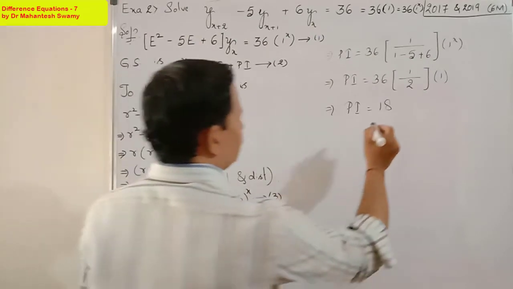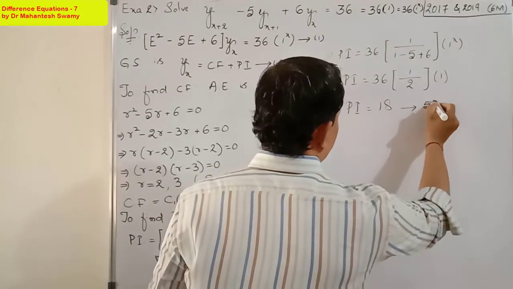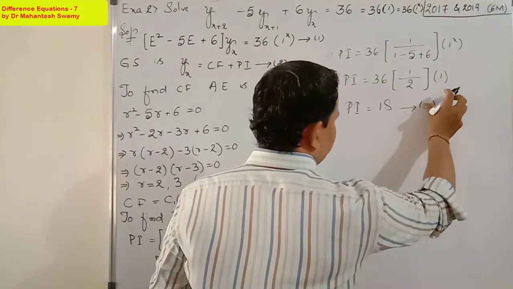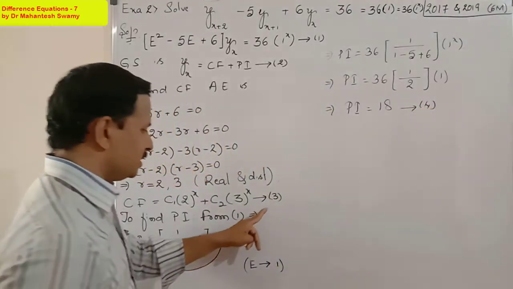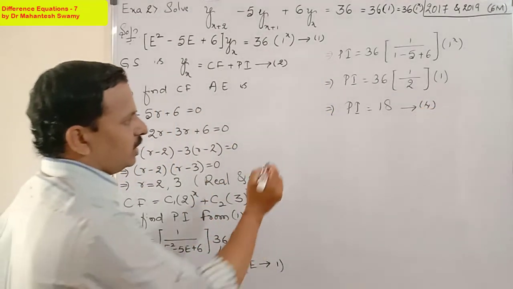Now call it equation number 4, because the previous equation is 3, so now this is equation number 4.